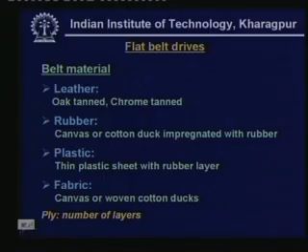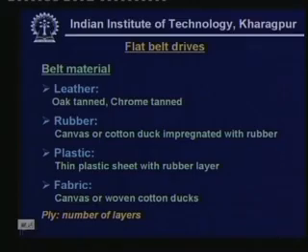In the rubber, a canvas or cotton duck impregnated with rubber. This is the construction of the rubber belts. Plastic belts, as it was told, consist of a thin plastic sheet with a rubber layer and which could be having more number of plies.